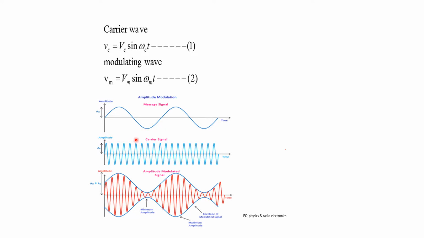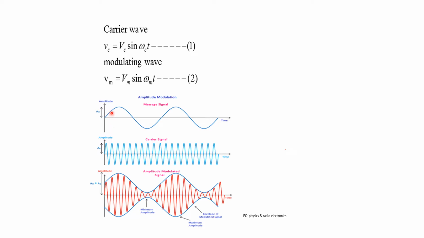The amplitude means the highest point or the highest value in a particular wave, and instantaneous value means the value of that particular parameter at a particular instant of time.